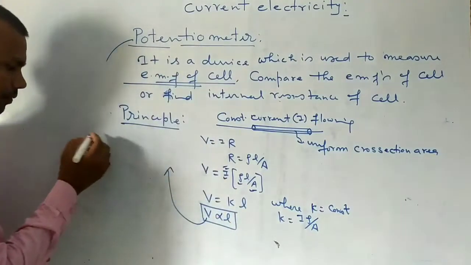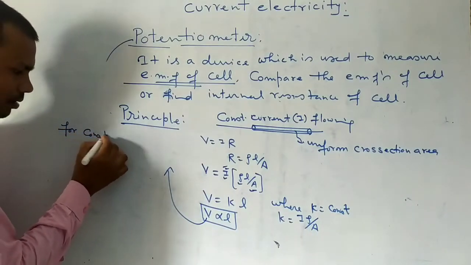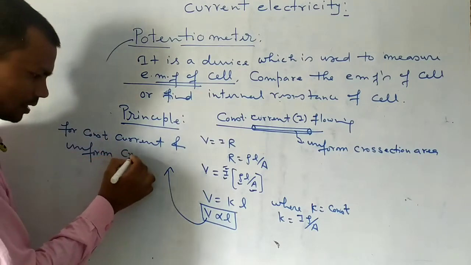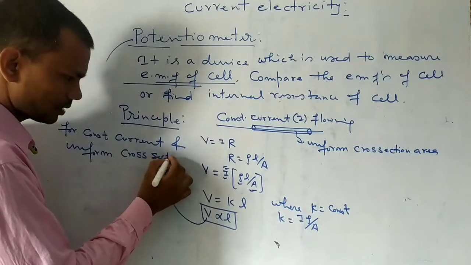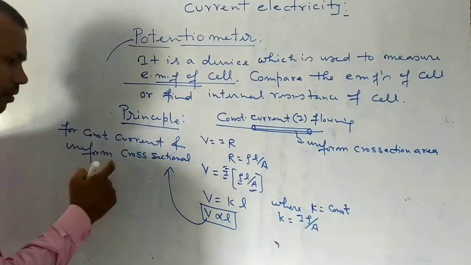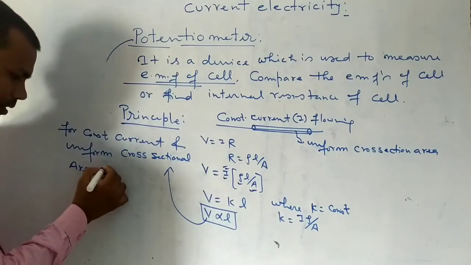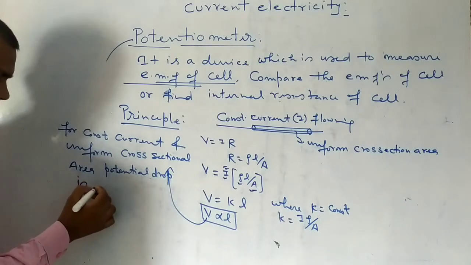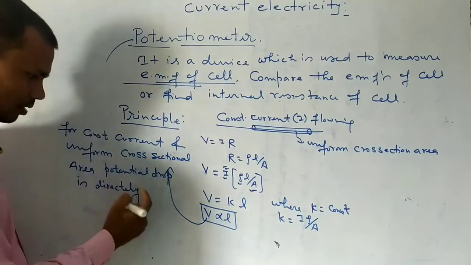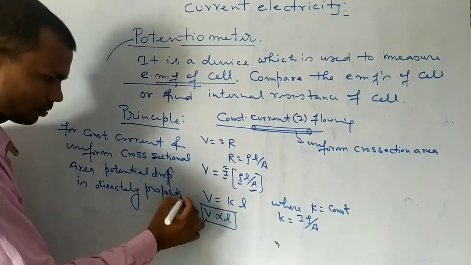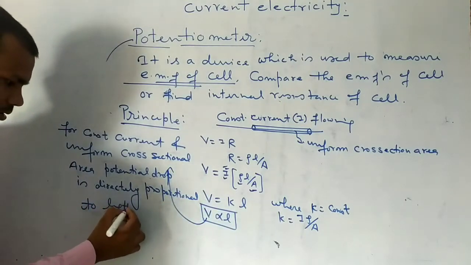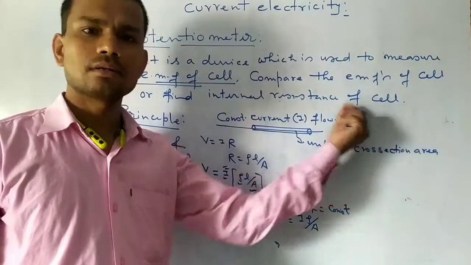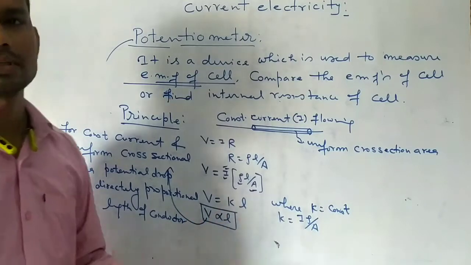So the principle is: for constant current and uniform cross sectional area, potential drop is directly proportional to the length of the conductor. It means if you increase the length of the conductor, then with respect to that the potential drop increases, right?